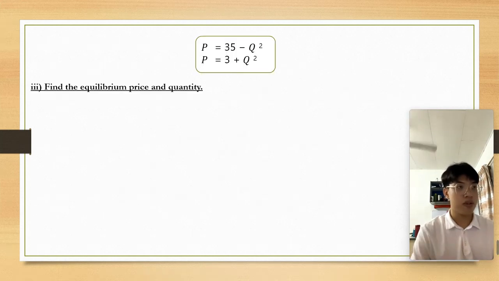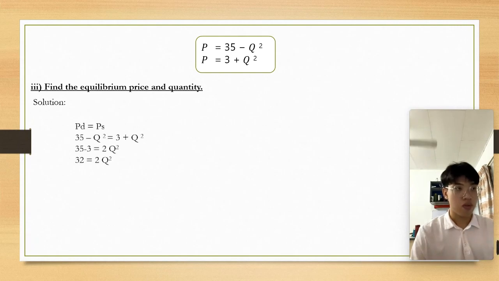Question number 3. Find the equilibrium price and quantity. The solution is: to find the equilibrium price and quantity, we use price demand equals price supply, like 35 minus Q squared equals 3 plus Q squared. The next step is we change the 3 and Q squared.